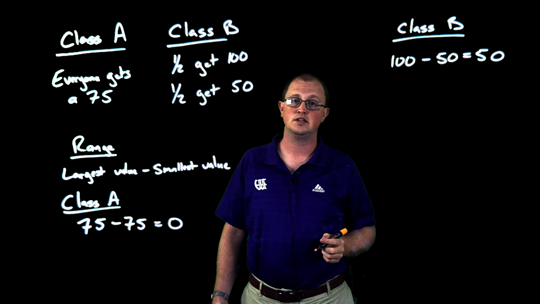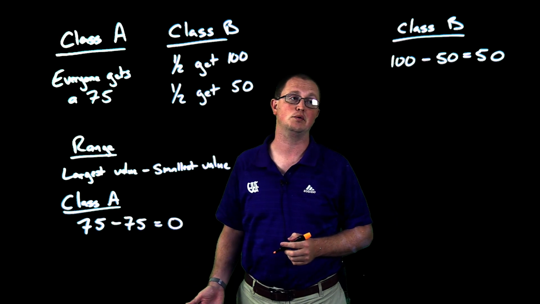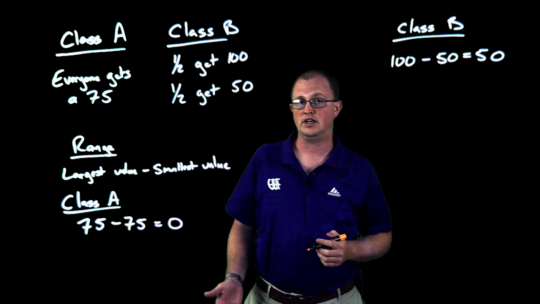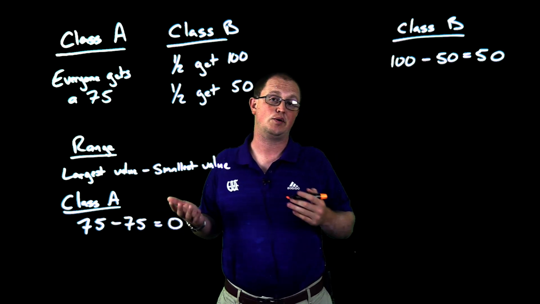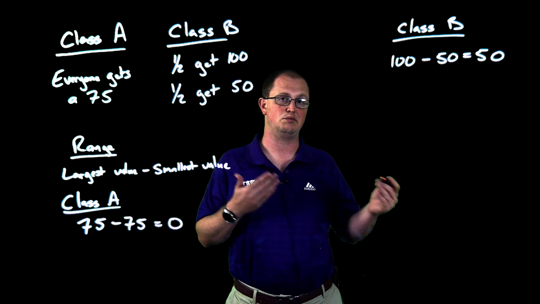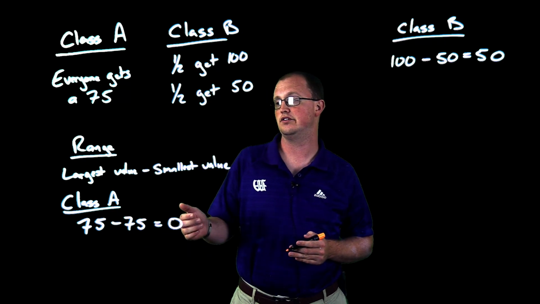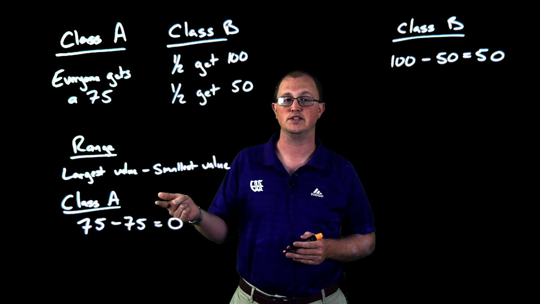But range has a pretty big issue with outliers. Outliers are values that are unusually big or unusually small for a data set. And if you have a value that's unusually big or unusually small, then those are generally going to be either your largest or your smallest value, and they're going to show up in this calculation.